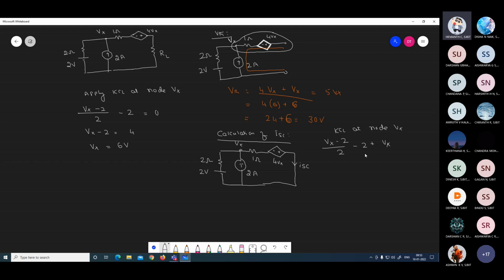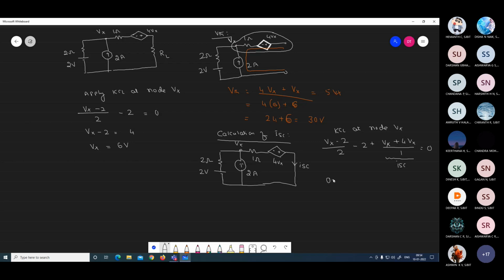I have written now Vx minus, minus ISC. Plus here I take 4 plus 4 Vx. Vx plus 4 Vx divided by 1. If it is plus minus, then you can take Vx minus 4Vx by 1. But it is minus plus, therefore you have to take Vx plus 4Vx by 1 is equal to 0. This itself is a short circuit current here, that branch short circuit current. So find out what is the Vx in this case.